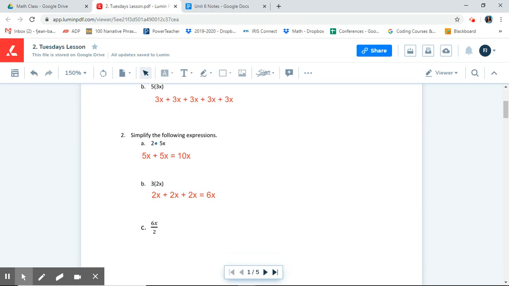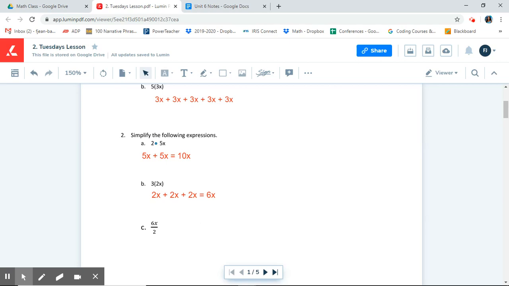C is a little bit different. C has an operation that we haven't looked at yet in this unit. So I want you to look at C, and think about what you know about the operation happening and how you can simplify that expression.